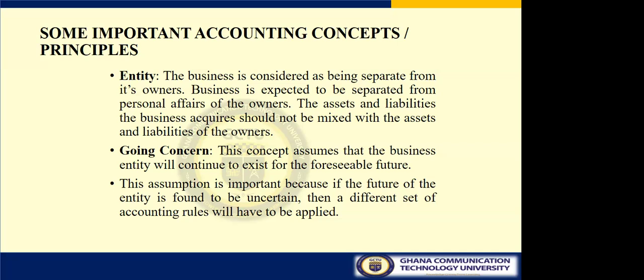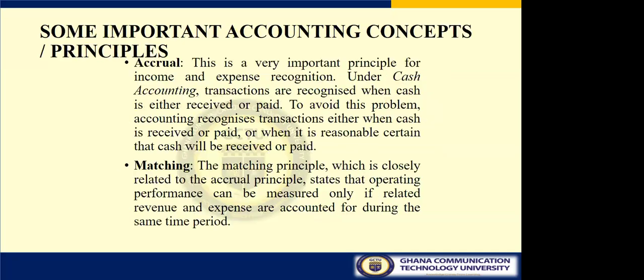MTN will also continue to provide Momo service to its customers. That's the going concern, unless it is no more. Once the business is alive, the business will continue to do business.